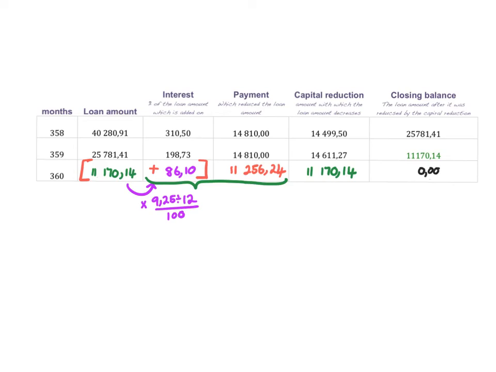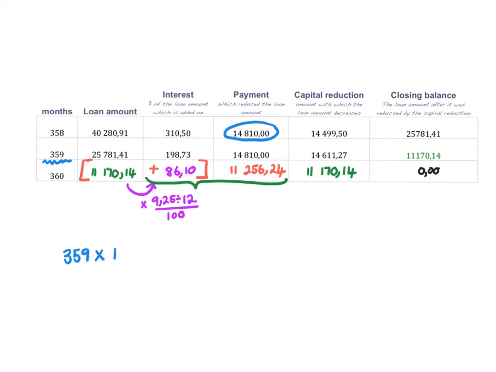Once we've given you all of these amounts, the next question that could be asked is how much did you pay for this house in total? So now we need to look at these payments that you made every month of 14,810 Rand and see for how long we paid it for. We paid this for 359 months.